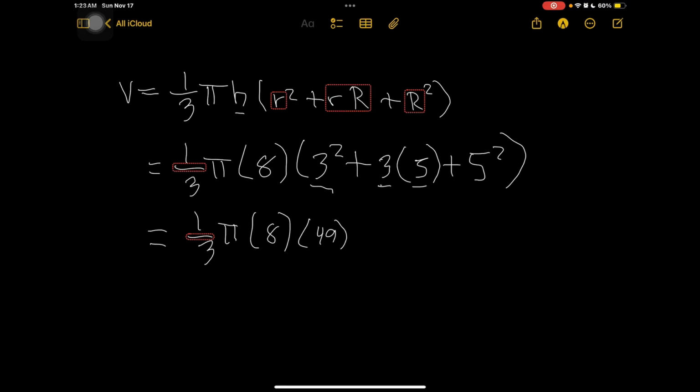So you multiply 8 by 49, which is 392. So 392 multiplied by 1/3 pi is equal to 392 pi over 3 meter cube.